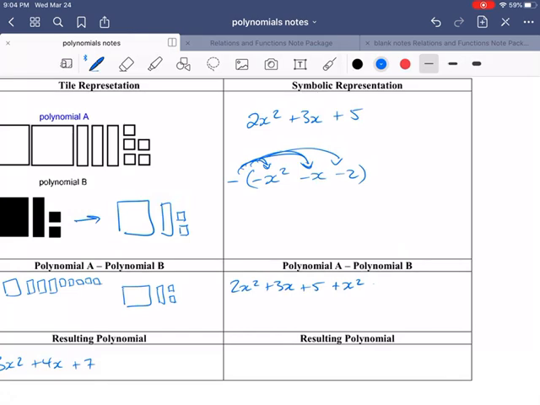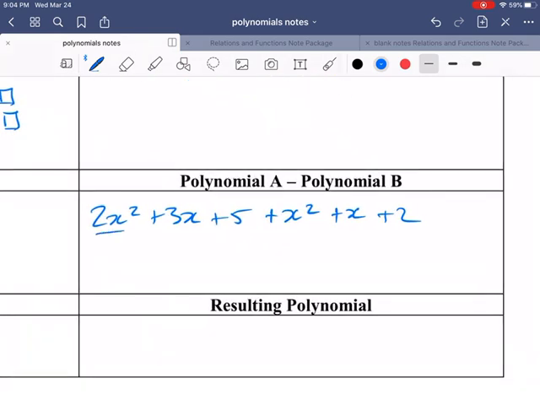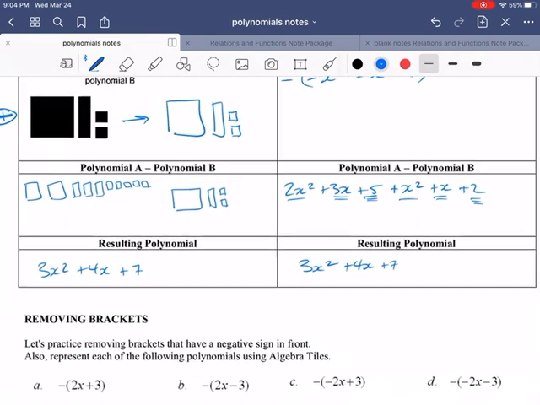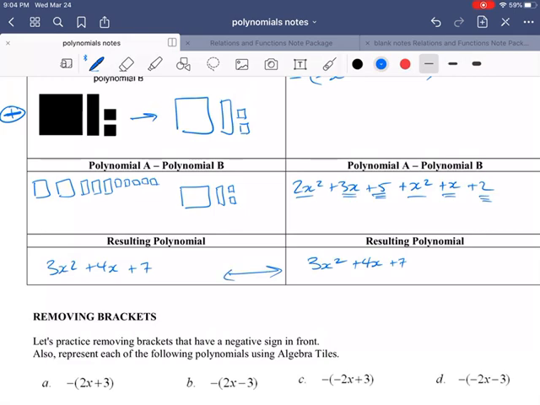The second term becomes plus x, and the last term becomes plus 2. Well, if we combine those, 2x squared plus x squared is 3x squared. 3x plus another x is plus 4x. And 5 plus 2 gives us plus 7, positive 7. And you can see that whether we do it with the algebra tiles or whether we do it symbolically, we get the same thing.